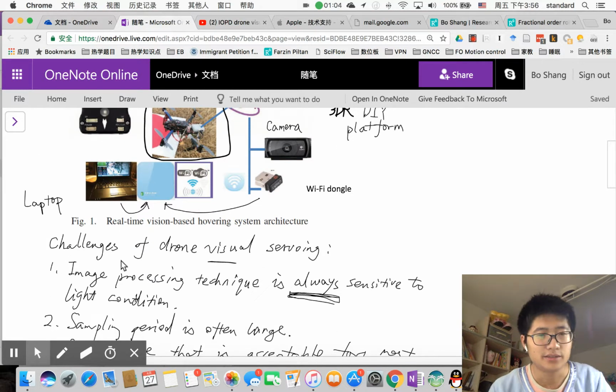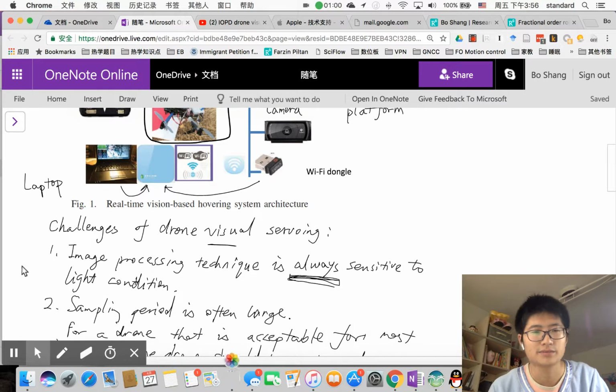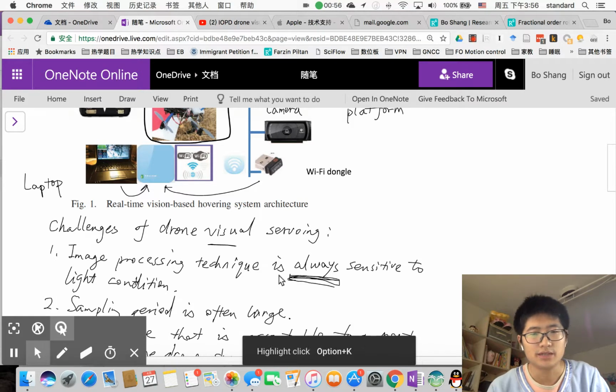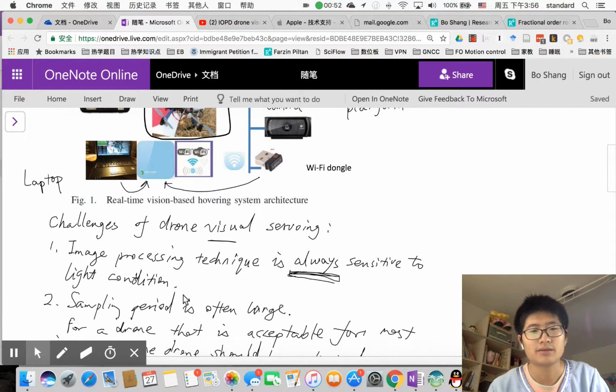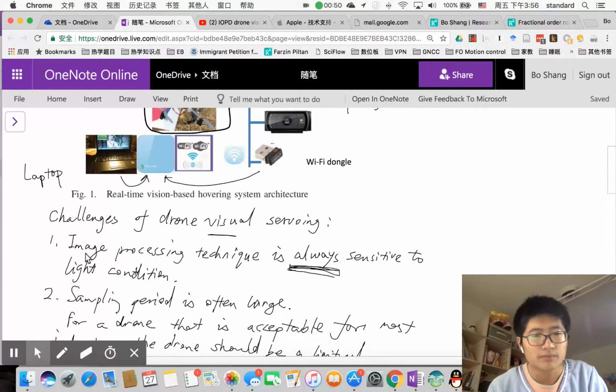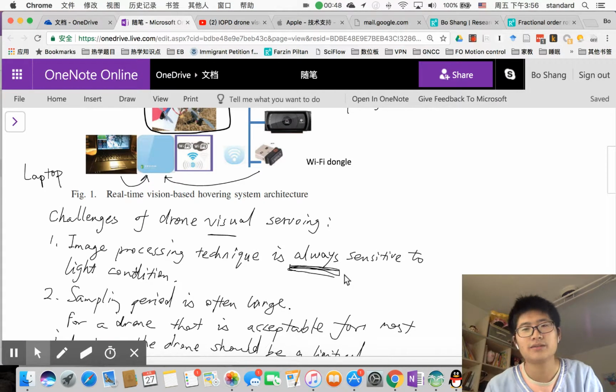We know that the challenges of drone visual servoing are like this. First, image processing technique is always sensitive to light condition. You may think the word always is very absolute, but I think it is really the real case.